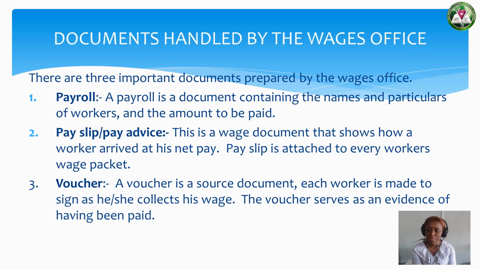Once you receive your salary or wage, the account office will prepare a voucher, and they will ask you to sign on it to acknowledge that you have received the payment or the cash. So as you can see, this document is very important.